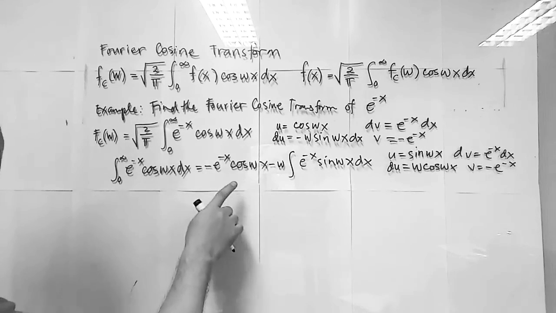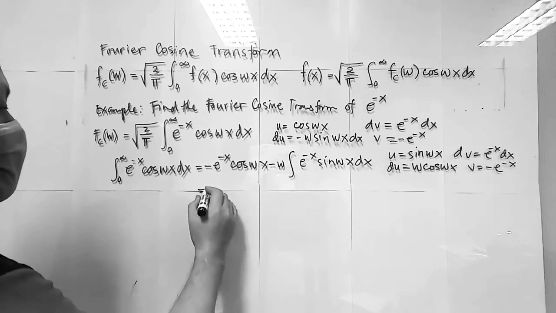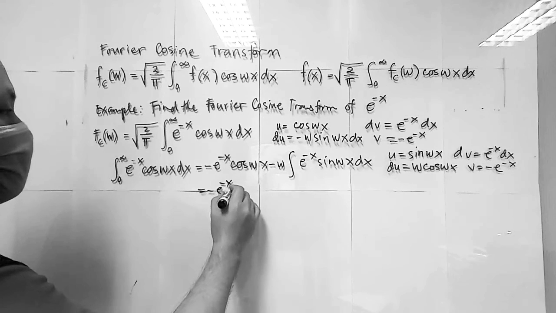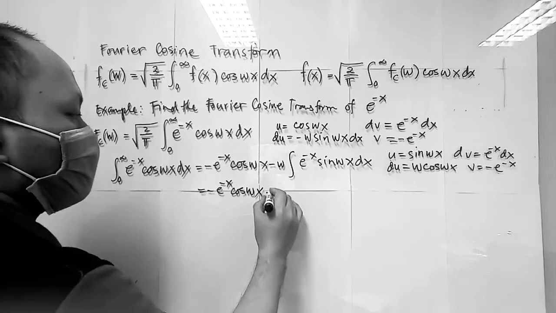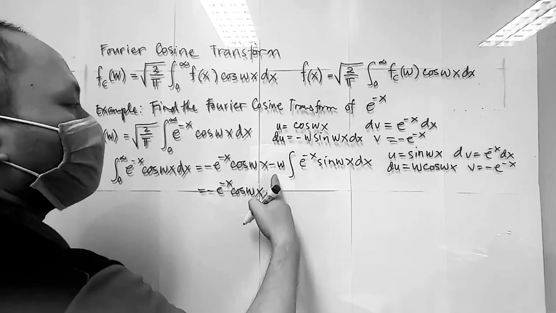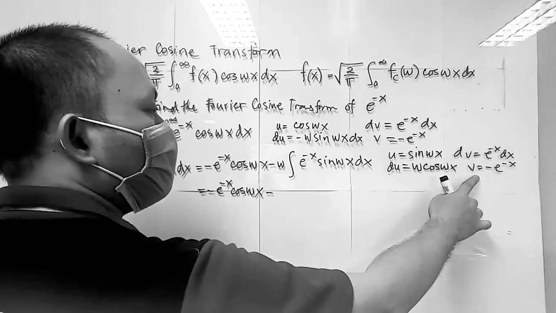So we have negative e negative x cosine wx, minus, okay, w times u times v.